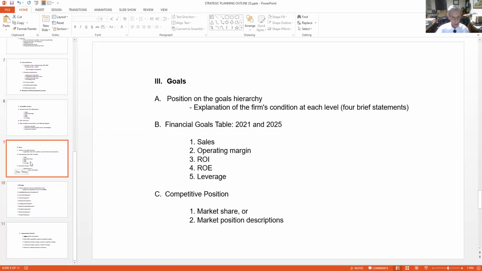So once we have the goals, the funny thing about goals is, although they're probably the most important part of the plan, they take the least amount of time to write down or to put into a graph or a table. It's pretty straightforward, and yet they reflect the major thinking.